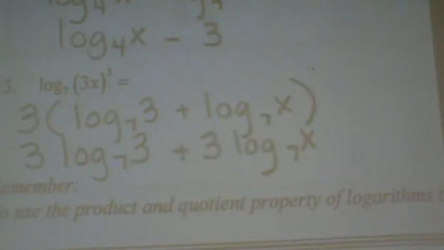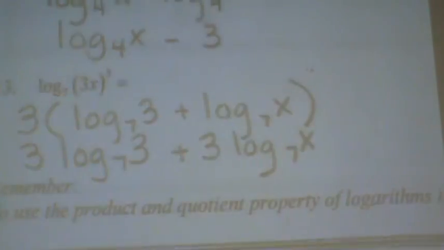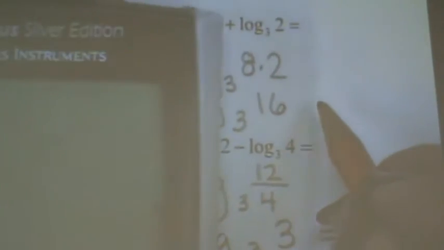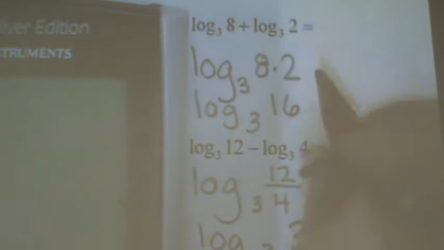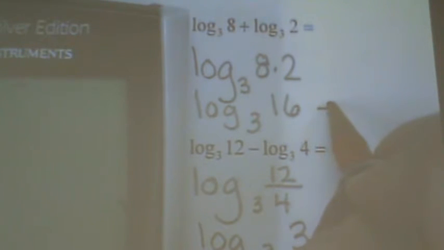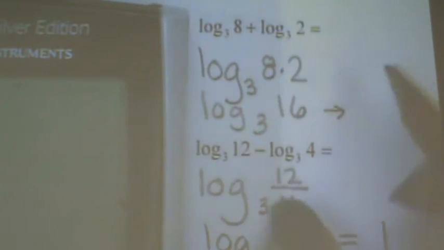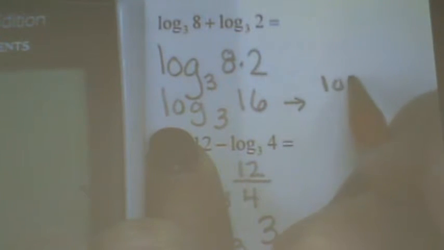Now, if you do not have an Inspire, how do you do this on the TI-84? It's called the change of base formula. On the 83s or 84s, you're going to type in log 16 divided by the log of the base.